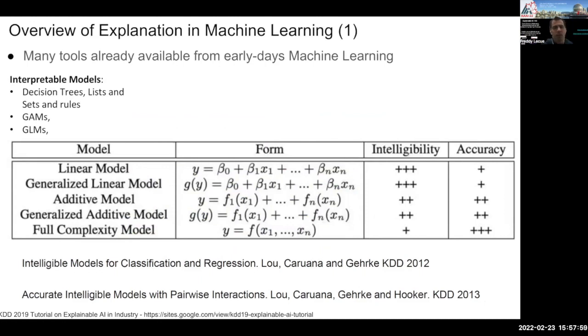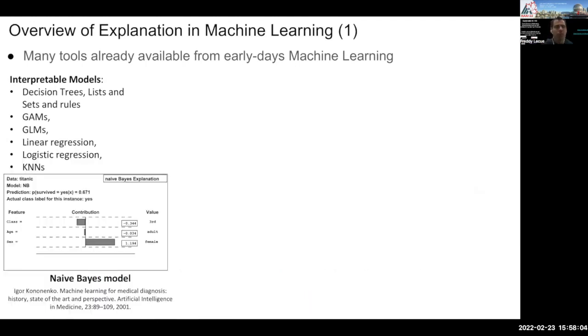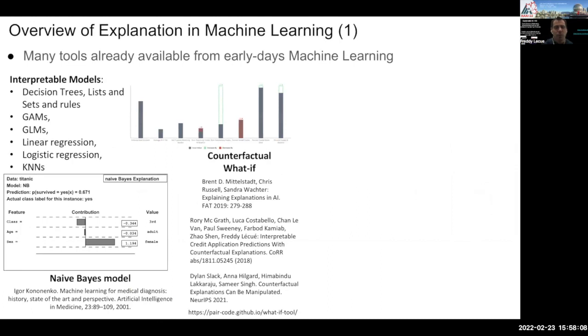But there are techniques that you can use for computing models. So you have naive Bayes models. You do have counterfactual, which is something I mentioned earlier. Naive Bayes models have independent conditions, which makes the problem much simpler, but at least that gives you a pretty neat explanation in a very simplistic model.